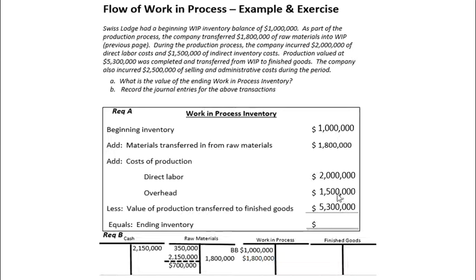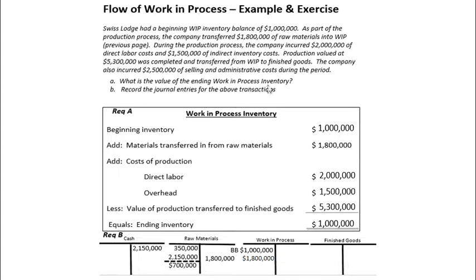From that, we have to subtract out the value of work in process that was transferred to finished goods, and we subtract out $5,300,000. That means we have an ending inventory when we do all our adds and subtracts of $5,300,000. Now we need to determine the journal entries.